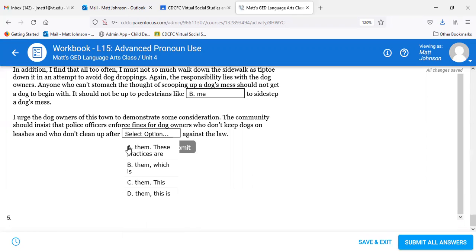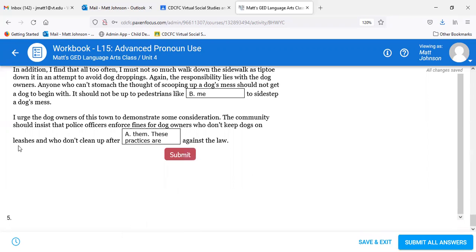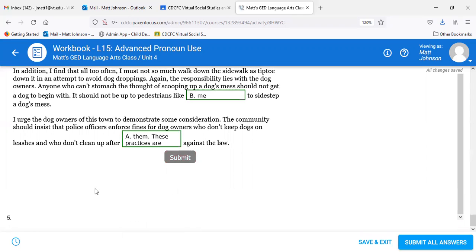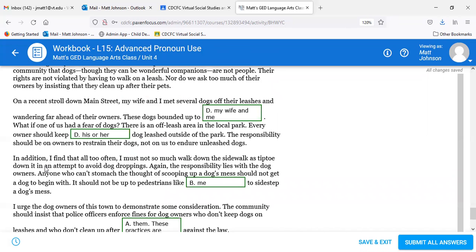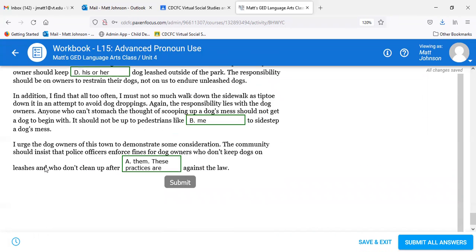A. Very good. Yep. So leashes and who don't clean up after them. We'll make that a complete sentence. And then these practices are against the law. So with these practices, we have enough information. We have the antecedent, the subject, and that is all.